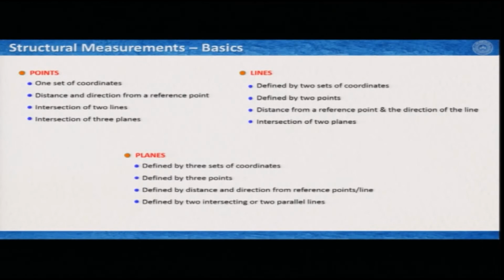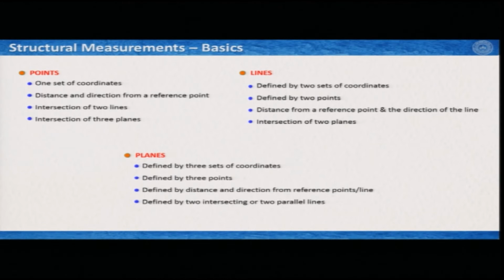So the basics are that, as I said, there could be points, there could be lines, and there could be planes, and there are many ways you can construct a point, line, and planes. But in a nutshell, if I have three planes, they intersect, you can generate a point. If I have two planes, they intersect, you generate a line, and then two intersecting or two parallel lines can produce a plane.